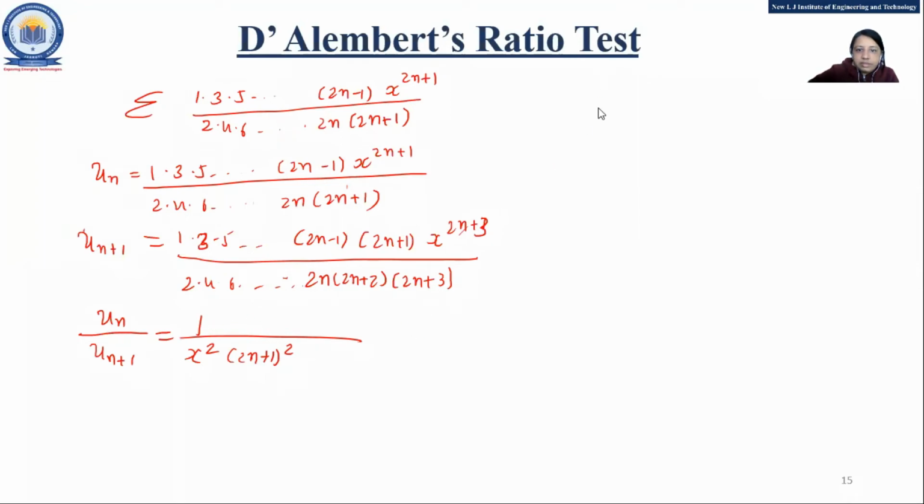Okay, I'll write, because we are having less time. 2n plus 2, that is in numerator, and 2n plus 3. Other terms are supposed to be cancelled out. The main thing is x square, how it came, right? Because of this, and 2n plus 1 square.